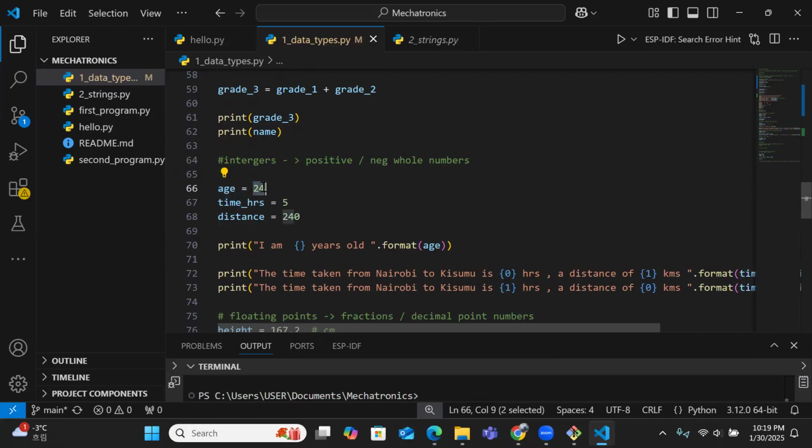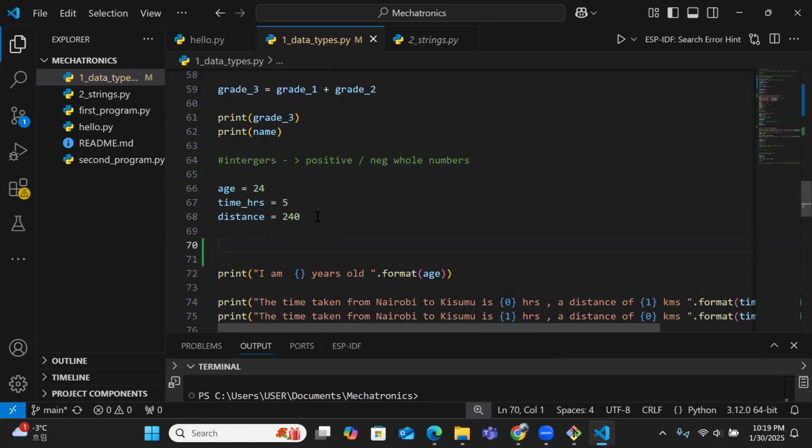So we have like your age, time in hours, distance. They are whole numbers, they don't have any decimal point. And given that they are integers, we have the rules of BODMAS, so we can do what is called arithmetic operations.